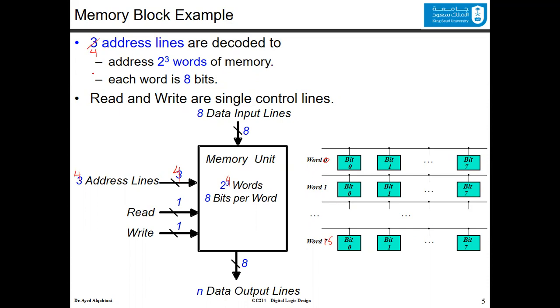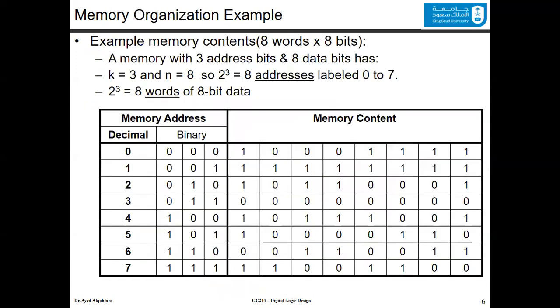So notice, now by changing the k, we change the number of distinguishable words, but we kept the same number of bits per word, so we still have 8. Now, this example, we look at it from a different angle.